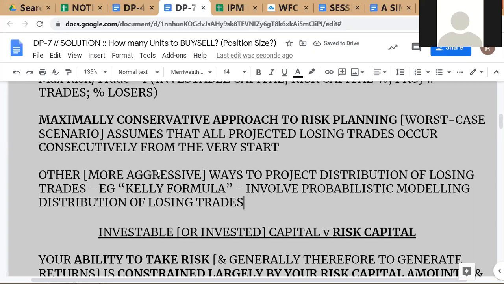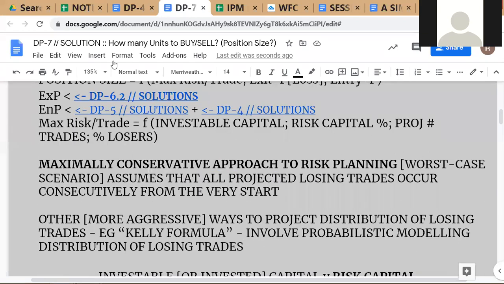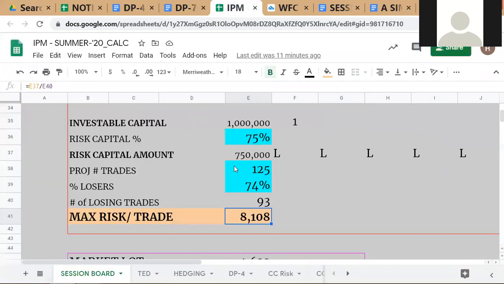So in terms of the actual approach to modeling this percentage of losers, the important part is that there is a projection risk involved, forecasting risk, because you are projecting your losing trades to be 74%. But in fact, nobody really knows what the number is going to be.